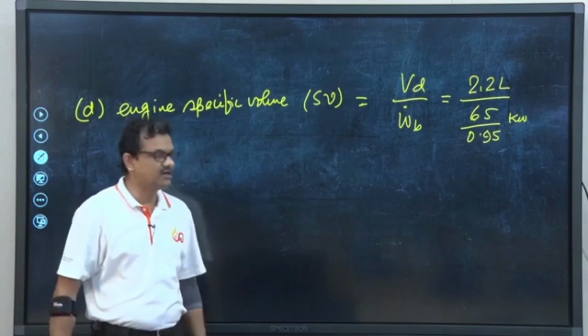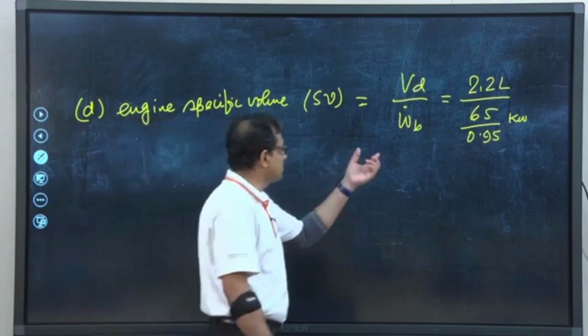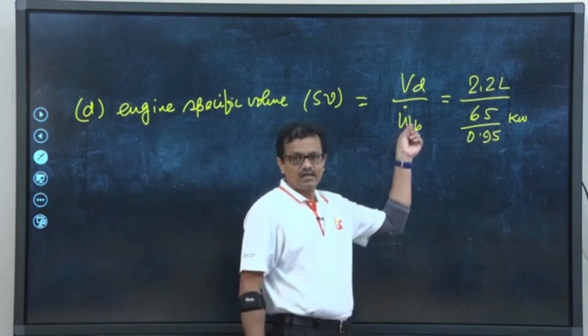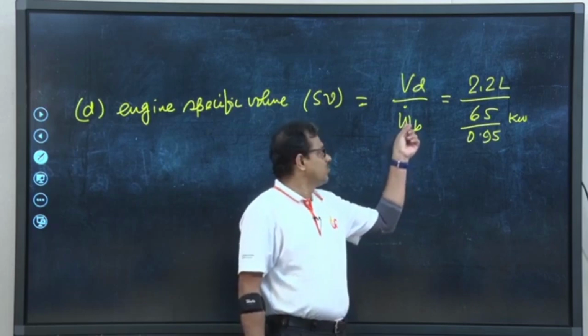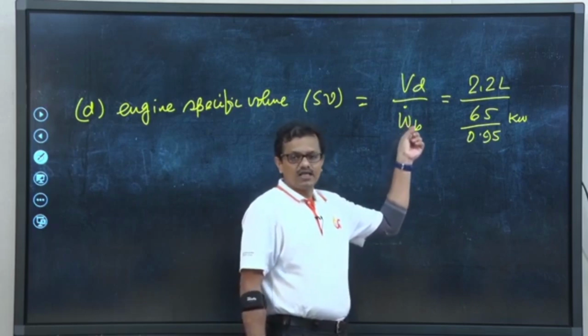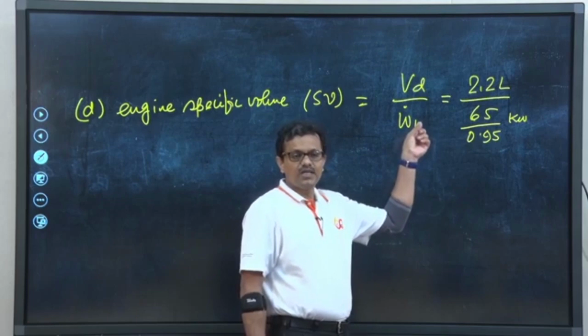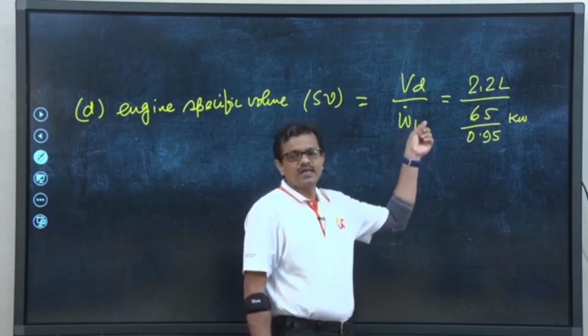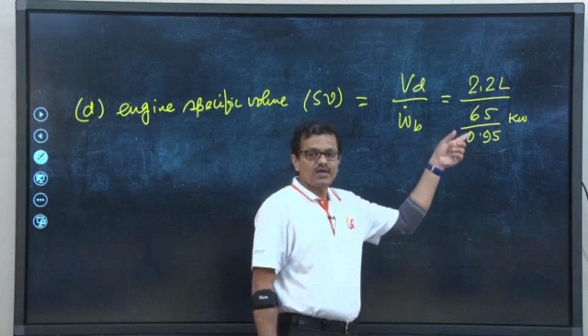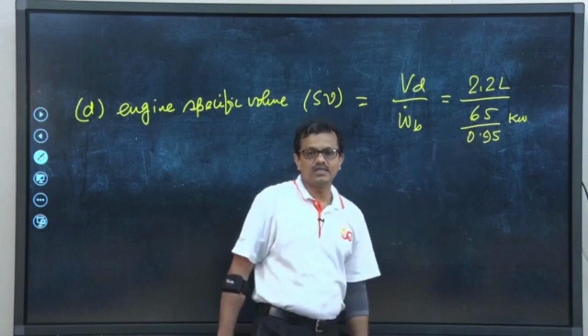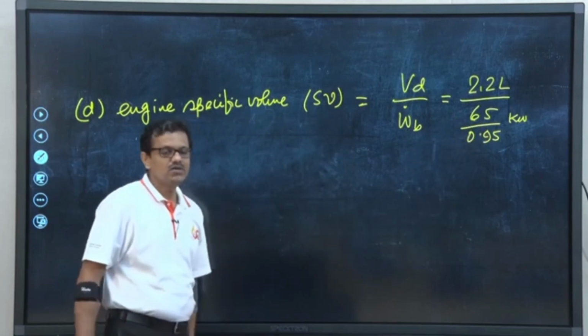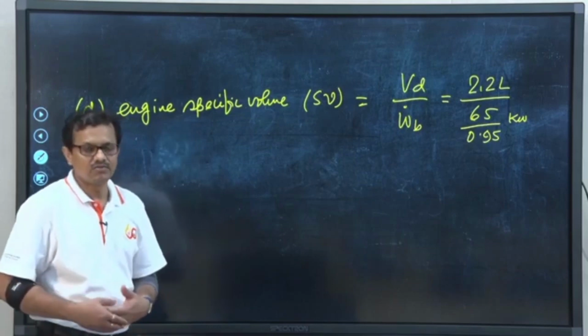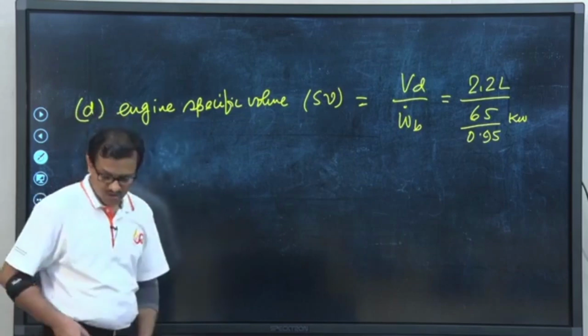So, 2.2 liter divided by, because essentially this is the brake work again, because the work which would be obtained from the engine is the brake work. So, per kilowatt of that brake work, what is the requirement of displacement volume? That is the engine specific volume.